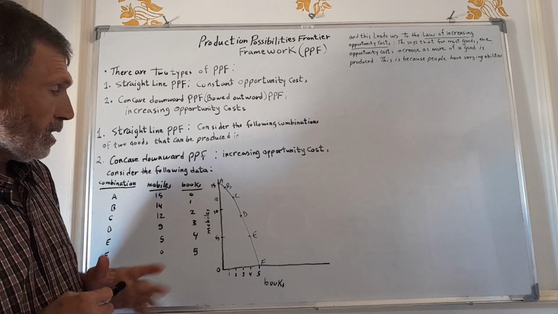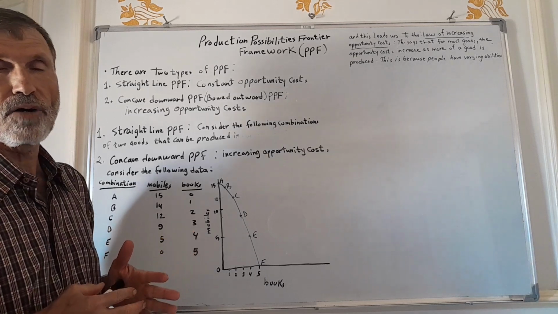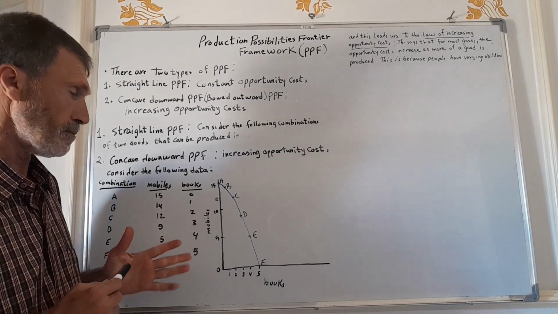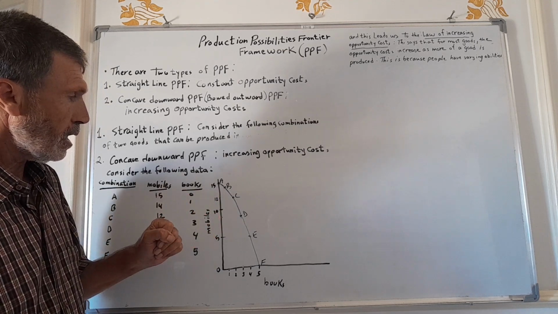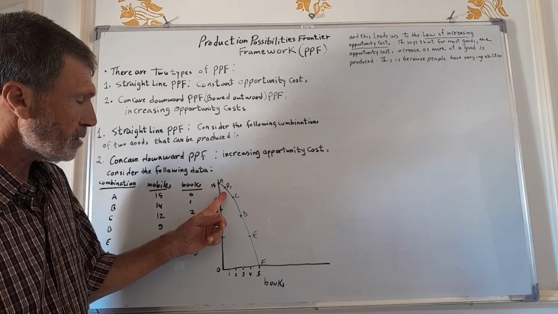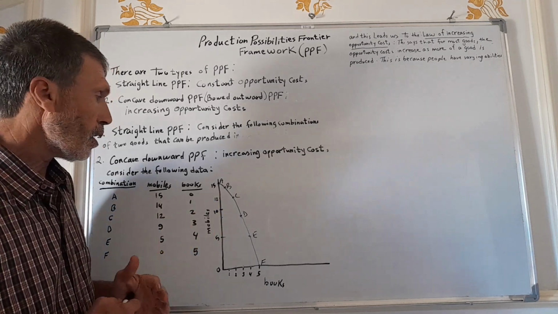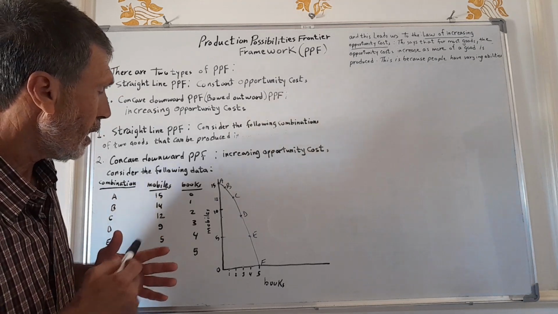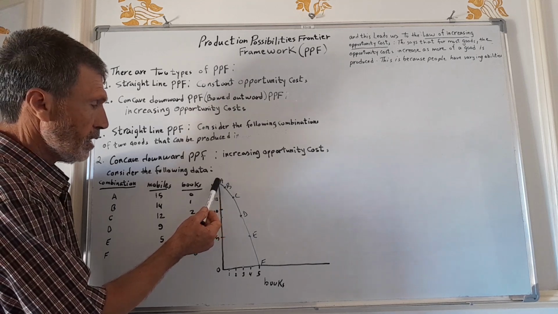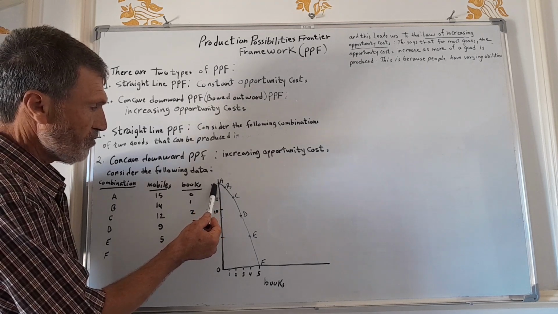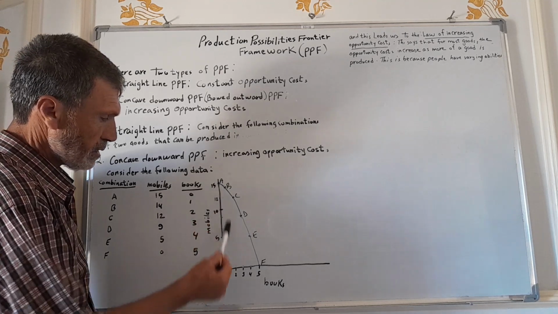Now let's illustrate this concept of increasing opportunity cost. What does it mean to say that the opportunity cost increases? Now, at point A, as you can see, the company is producing 15 mobiles and 0 books.